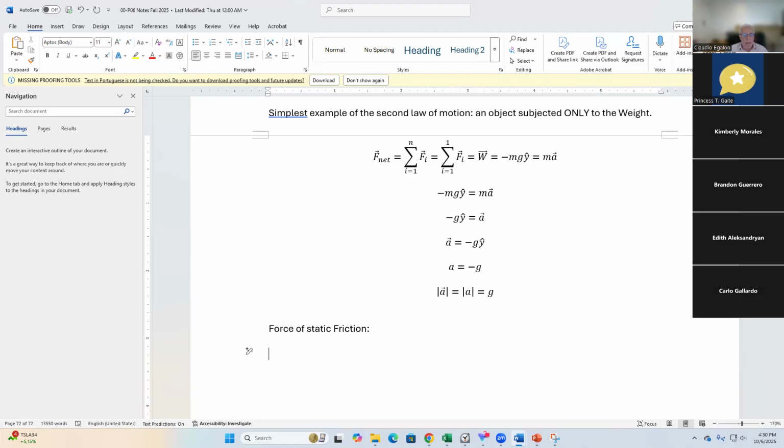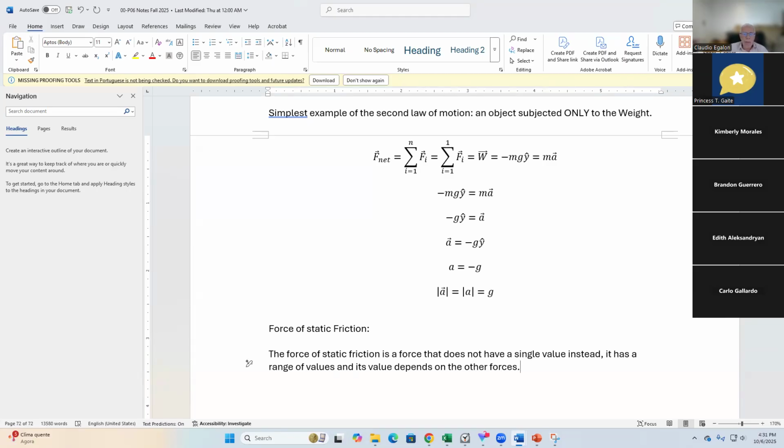Instead of a single value, it has a range of values, and its value depends on the other forces.